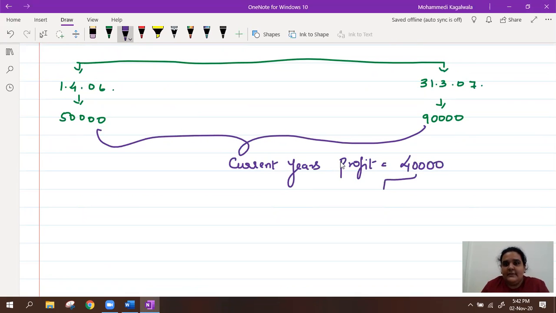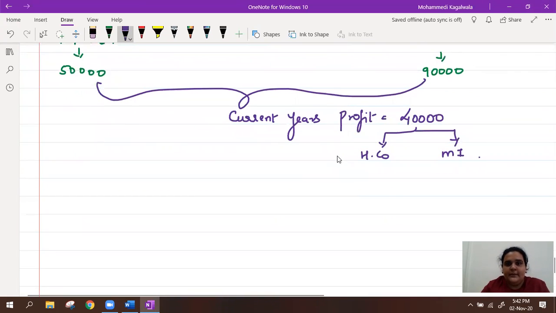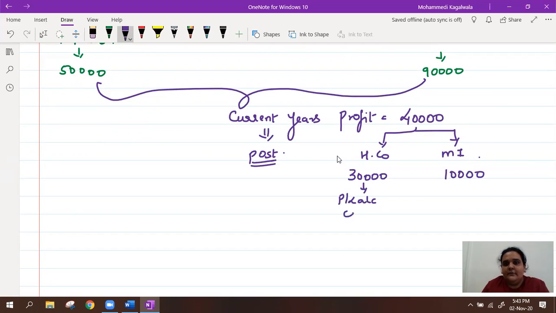Correct? So divide this current year into holding company and minority interest. Holding company gets 30,000 and this will be 10,000. So current year's profit is always post. Since it is post, it will go in P&L account credit side and this will go in minority interest account credit side.